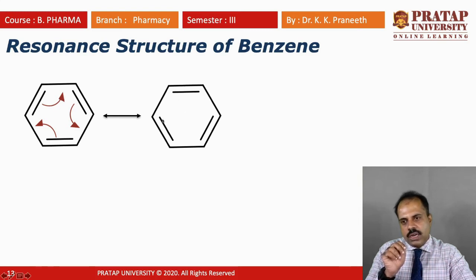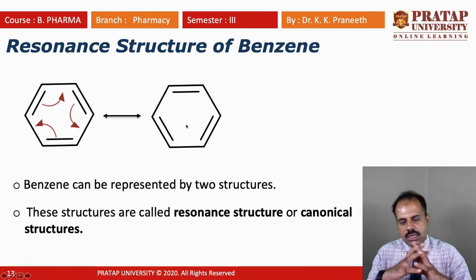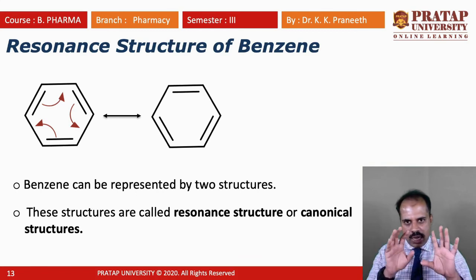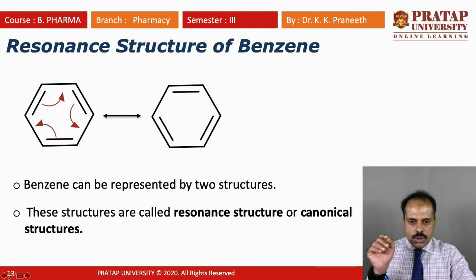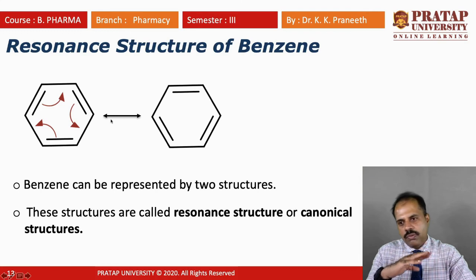These structures are called resonance structures because benzene can be represented by two structures, and they have the same energy. This structure is totally identical, so it's also called a canonical structure. It means they have the same energy and identical structure. There will be no difference.